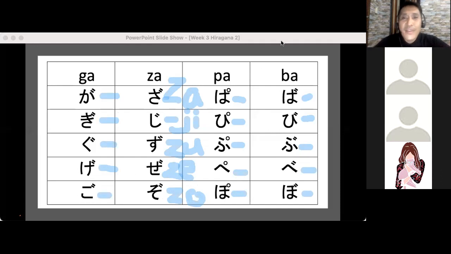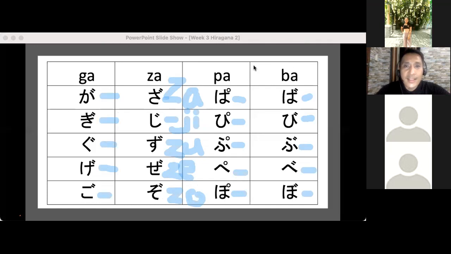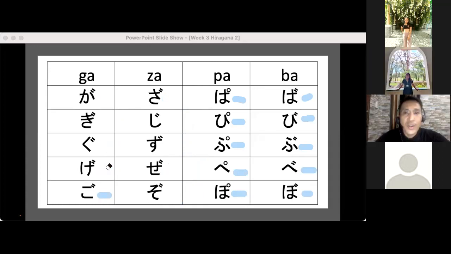Okay? So may I request maybe someone to read it. Okay, delete lang natin ha. So let's just delete these. Okay, any volunteer? Let's try Carla. Sige, Carla. From ba.